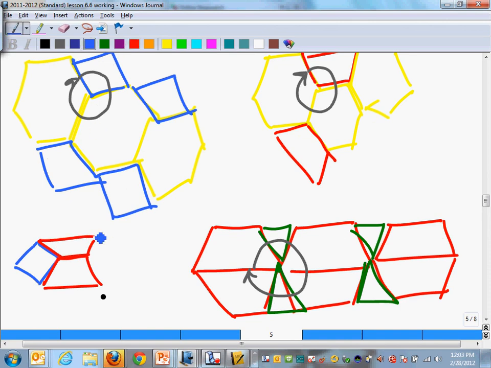Okay, ready? I'd like you to circle a joint. Now, fill in the angles of the joint, please. Fill in the angles from the previous page. You should recognize what these are.